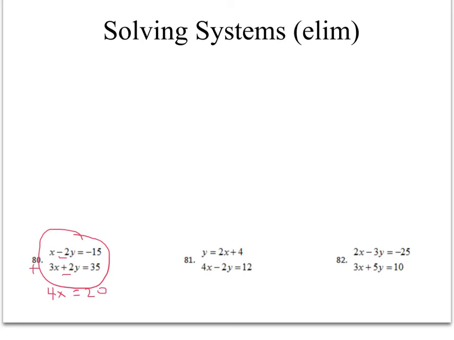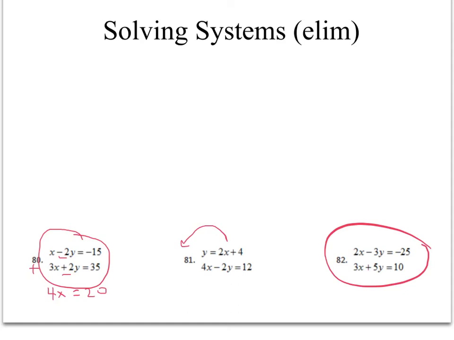In problem number 81, we're going to have to subtract 2x from both sides so that we have our x's, our y's, our equal sign, and their constants. In other words, we have our equation in standard form. Now in number 82, we already have our equations in standard form, but we have a problem. We have coefficients of 2 and 3 in front of x, and negative 3 and 5 in front of y. Those are not opposite coefficients.